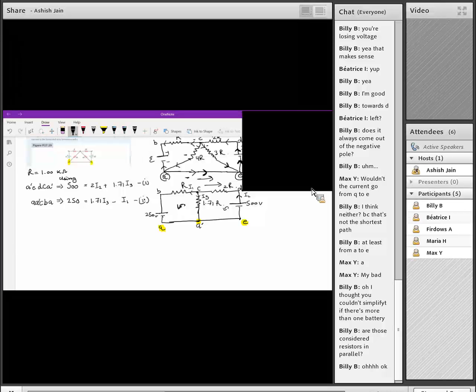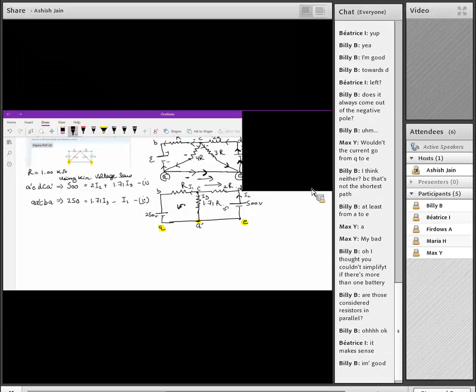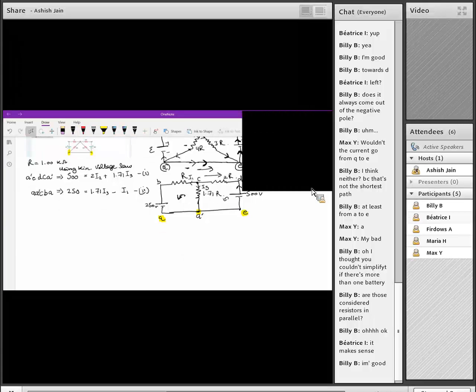Using Kirchhoff's voltage law. If not, I can move ahead. Okay. So also another equation, using Kirchhoff's current law, is I2 equals I1 plus I3.